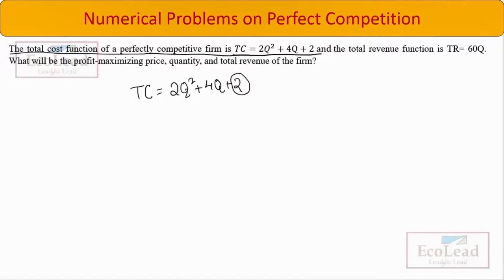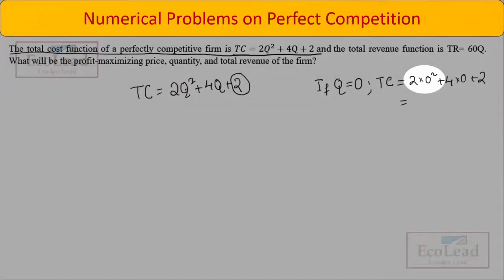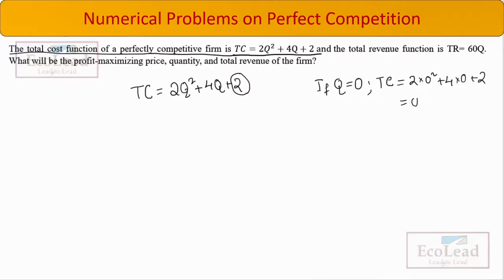Or we can write it as, if we have Q equal to 0, means we are not producing anything, then the total cost will be 2 into 0 square plus 4 into 0 plus 2. Now 0 square means 0. So here 2 into 0 square means 2 into 0. So we can write 0 plus 0 plus 2. So the value of the total cost will be 2.